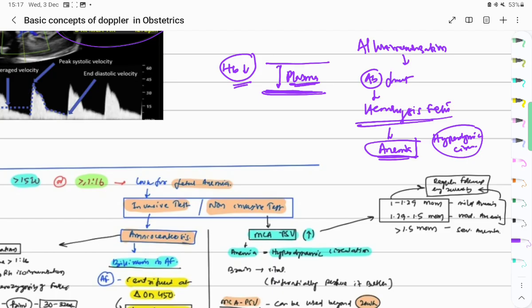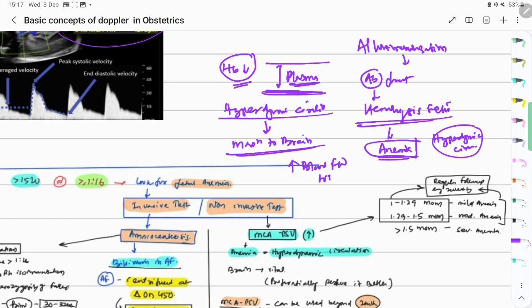This larger amount of plasma is a condition called hyperdynamic circulation. So what will the body do? The body will redistribute its blood maximally to the brain. That means there is increased blood flow to the brain.